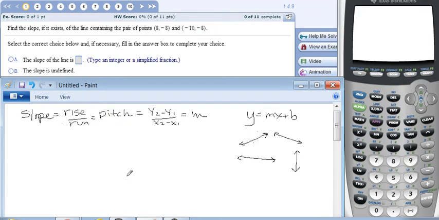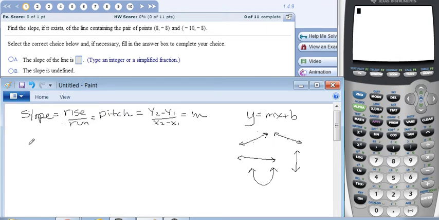Another thing that you need to know about slope is that it never changes. It doesn't change from this point to this point, or from this point to this point. It's constant. If it's not constant, then it's not a slope. That's why other things such as parabolas don't have one, because the pitch is changing all the time, but here it's always the same.